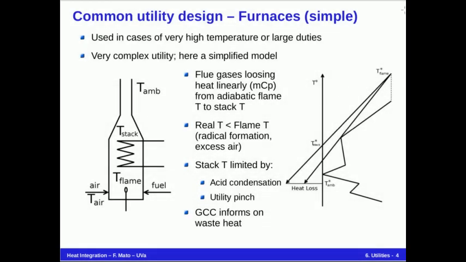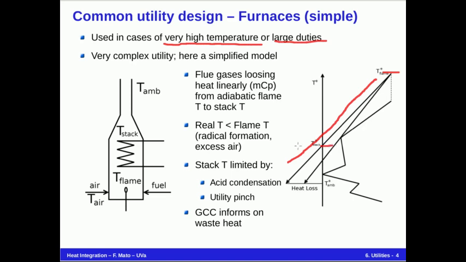Furnaces are used in cases of very high temperature or large duties. Furnaces are very complex systems. Here we explore a simplified model, with the flue gases losing heat linearly with MCP from the adiabatic flame level of temperature to stack temperature.